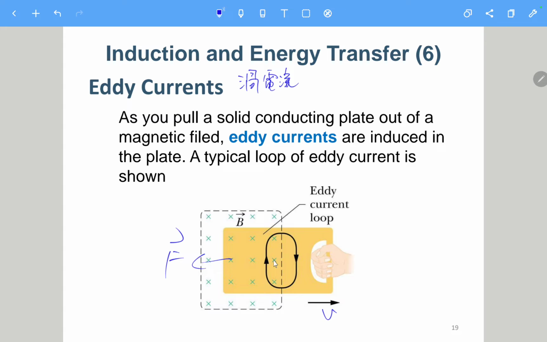And of course it will also generate some magnetic field pointing into the page, because if you try to draw it out, then the magnetic flux is also decreasing. So B induced should also point into the page to try to cancel this kind of change.